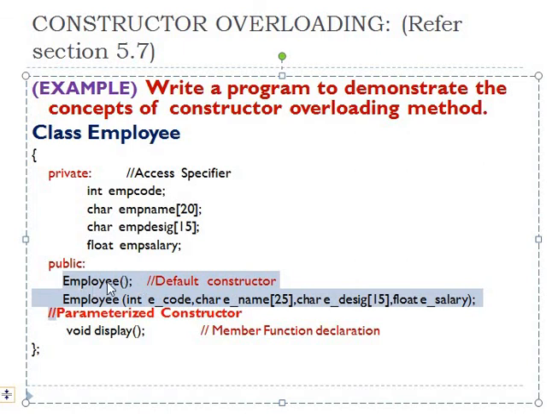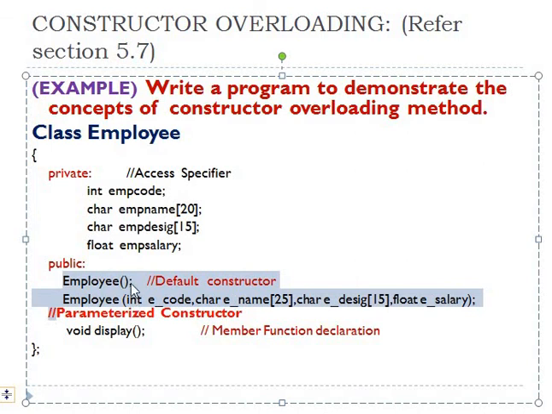The first one is the constructor having no parameters, so it's a default constructor. The second one is also a constructor, but it consists of 4 parameters, namely ecode, ename, edesig and esalary. This one is a parameterized constructor.